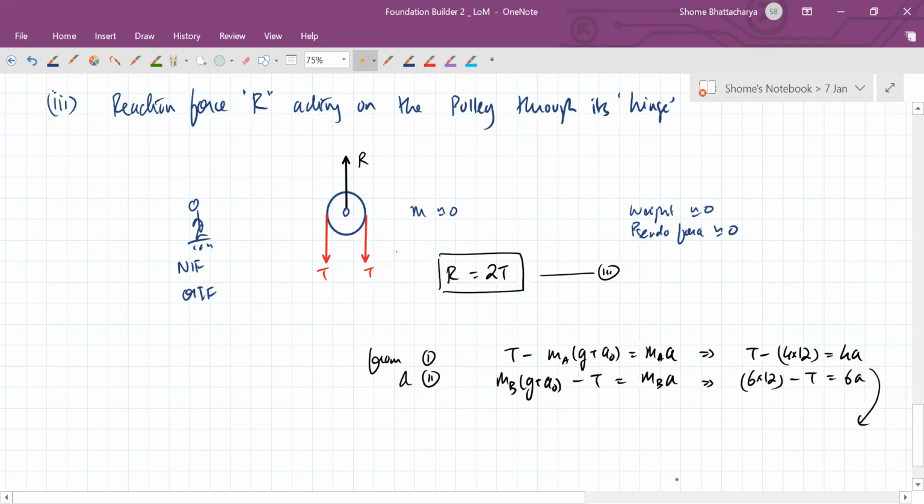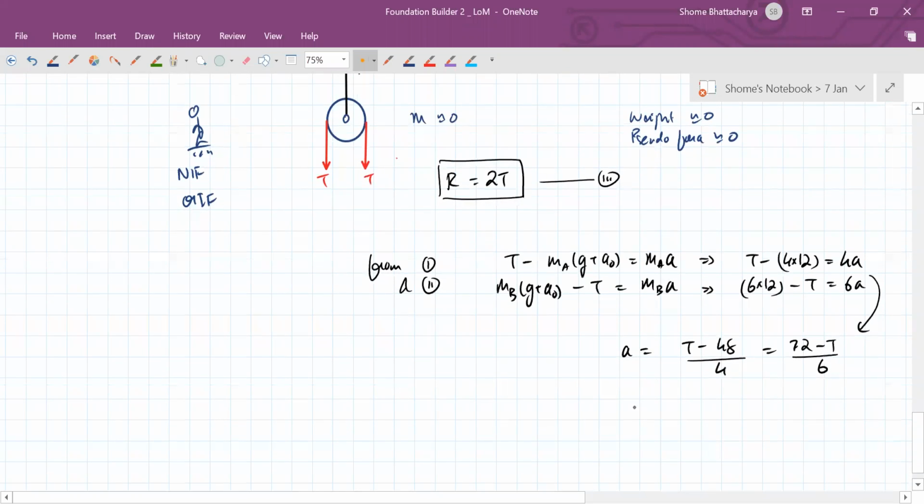Now we'll solve this for T. From equation 1, A is T minus 48 by 4, and from equation 2, that is the same thing as 72 minus T by 6. So we can solve for T.